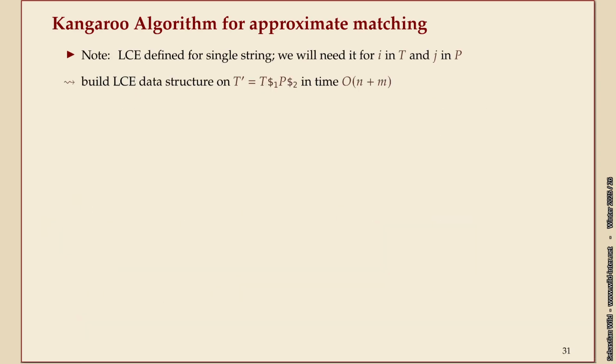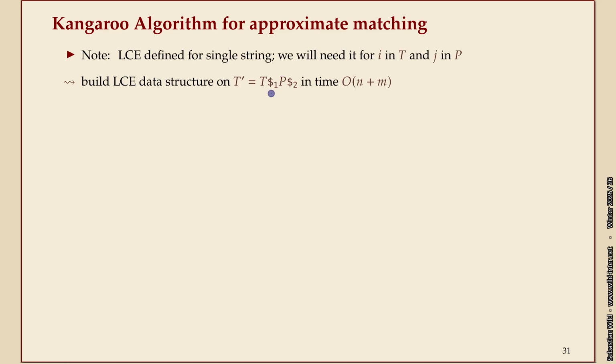And so at first, you may wonder how that can work, but you can build a single string so that it works. Essentially, just concatenate the 2, but it's smart to put some new characters in between that mark the end of either of the strings, so that no longest common extension will ever run out of T into P. That would potentially be a worry if you're close to the end of T, and at some point in P, you may use an extension that uses the first characters of P again.